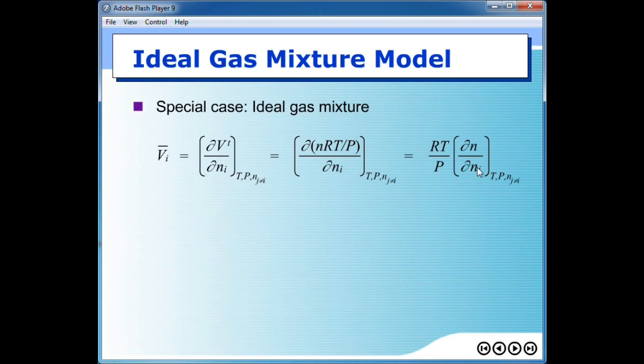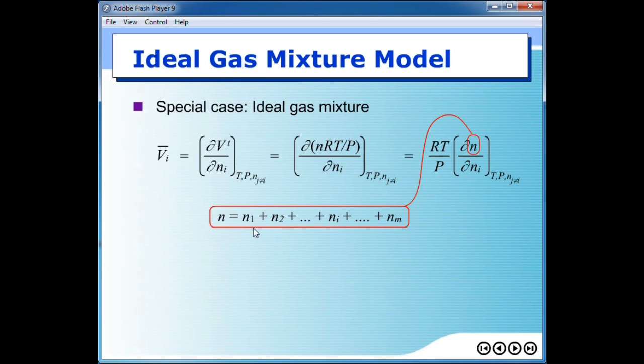So what we have would be something like this. Now N in this case is the total number of moles of our species combined, where Ni is the number of moles of one species i of our interest only. If we expand N to be the summation of all numbers of moles, say we have M species, we will have M terms.